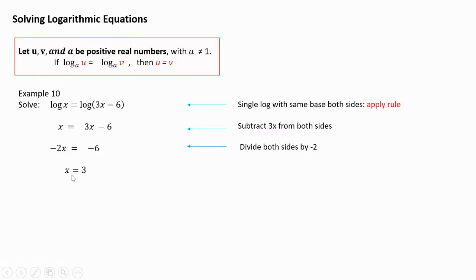One thing that I must tell you guys, I'm going to mention that later on: the logs or the ln's cannot be negative. If you have a calculator with you, just put the log of negative 2 or negative 1, whatever it is, a negative number.